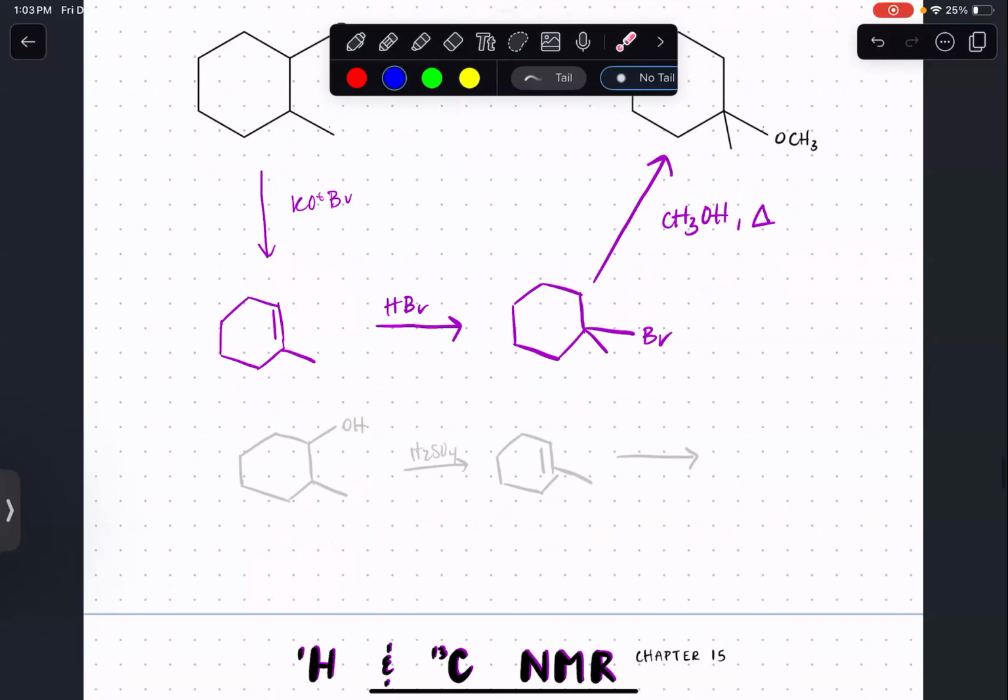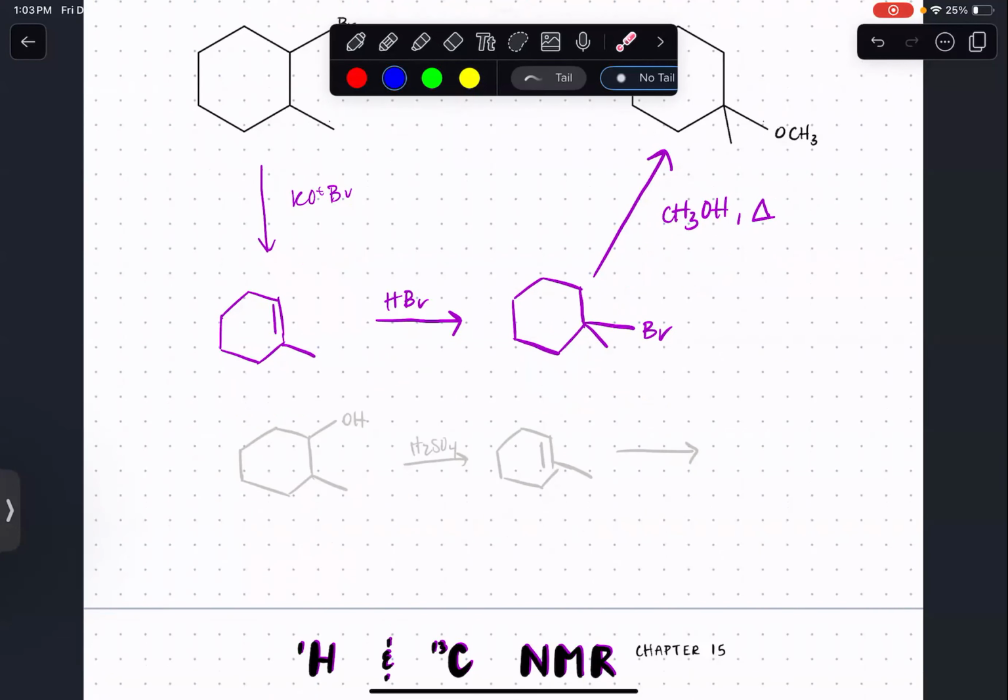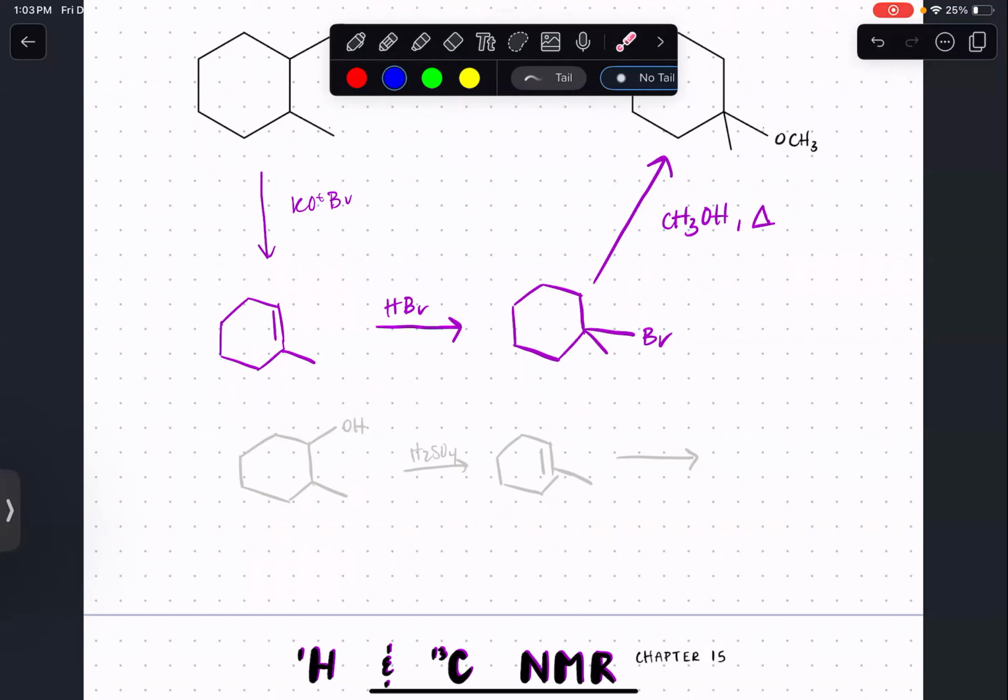So instead of just doing that to do the elimination, you had a carbocation form here, because then you had the CH3OH. Okay. That way you got that OCH3 here.